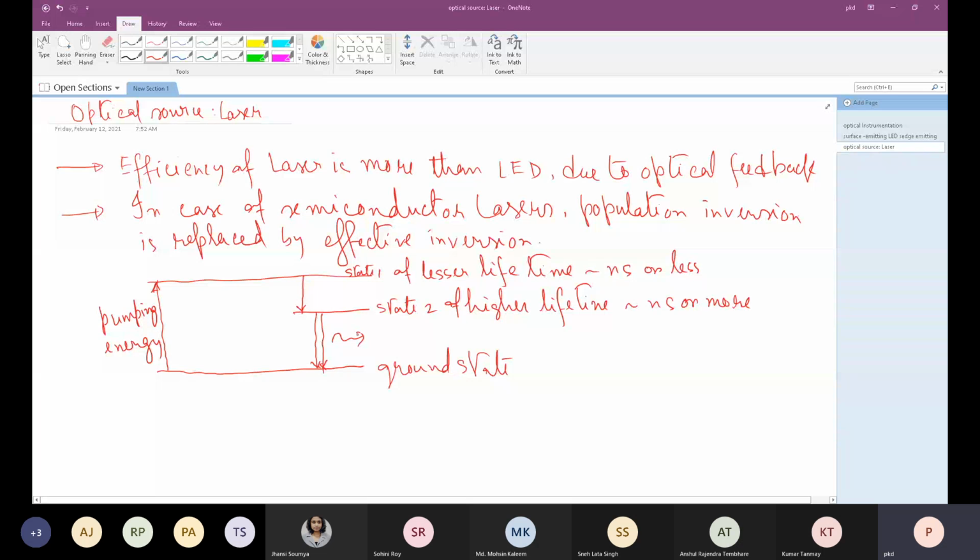There will be one emission here also, because this gap is lower, so the energy delta Eg1, delta Eg2, and of course the natural state is the ground state. So because here together, at a time, a large number of carriers will be releasing their energy to the ground state, therefore stimulated emission takes place.